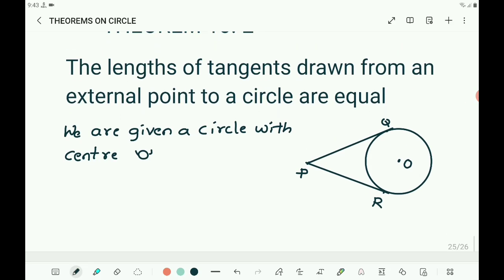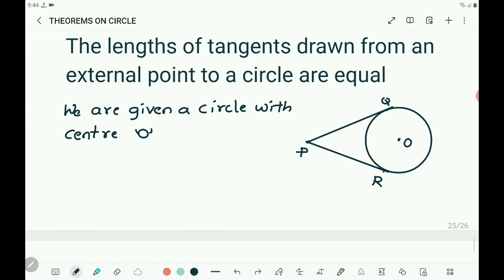Here the word external point is there, so you take P as an external point, or P is a point lying outside the circle. PQ and PR are the tangents from P to the circle.